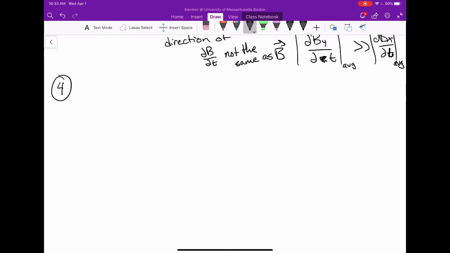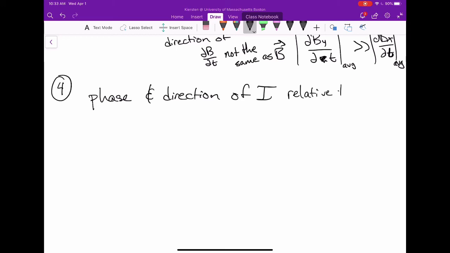The last part of this example is, what are the phase and direction of the current relative to that time derivative of the magnetic field?